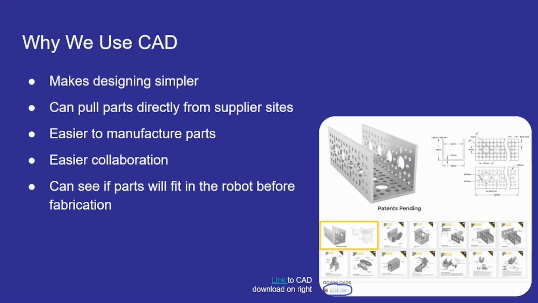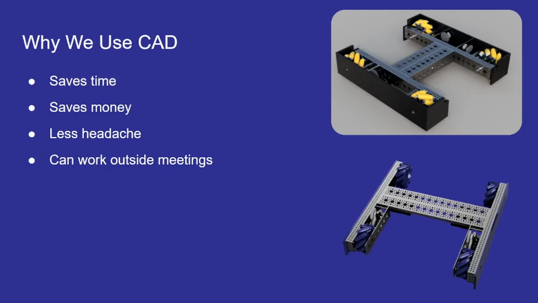It's easier to collaborate on projects, and you can see if a part will fit on the robot before fabrication. More reasons that we use CAD is because it saves time, it saves money, and there's less of a headache, and at least with Fusion you can work outside meetings.